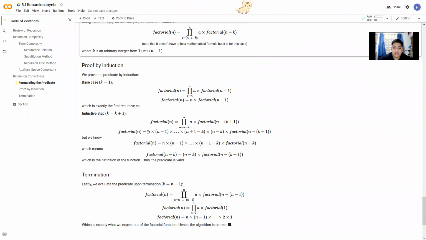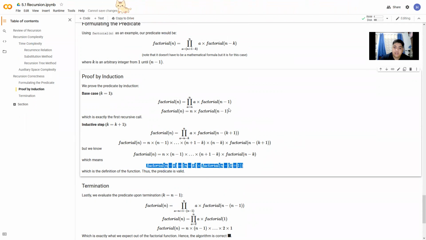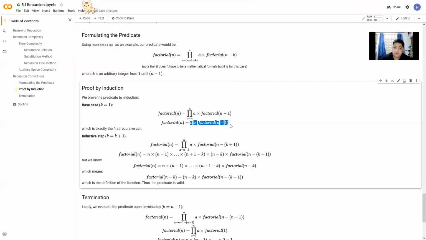Now, notice here that these terms here are the same as the terms over here. So that means the remaining terms here, the factorial of n minus k, should be equal to the term here, n minus k times the factorial of n minus k minus 1, which is exactly our definition here when we substitute n with n minus k.